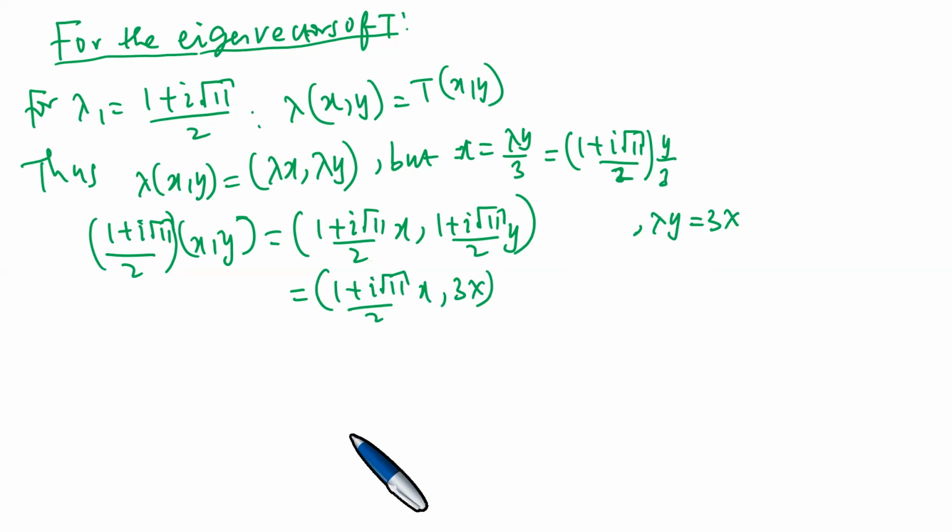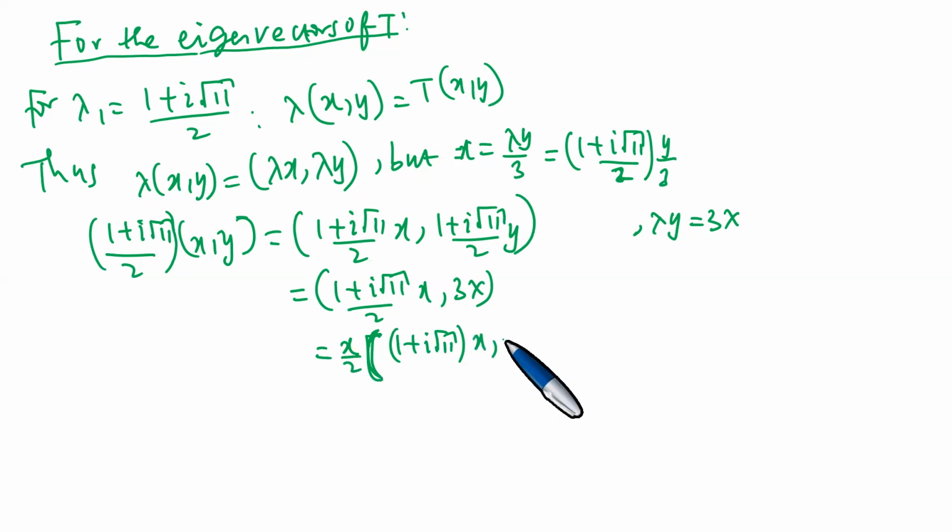So what is the eigenvector? You can factor out x, or you can factor out x over 2, just to avoid fractions. And this is 1 plus i square root of 11 x here. And if we factor out x over 2, what will this one be?